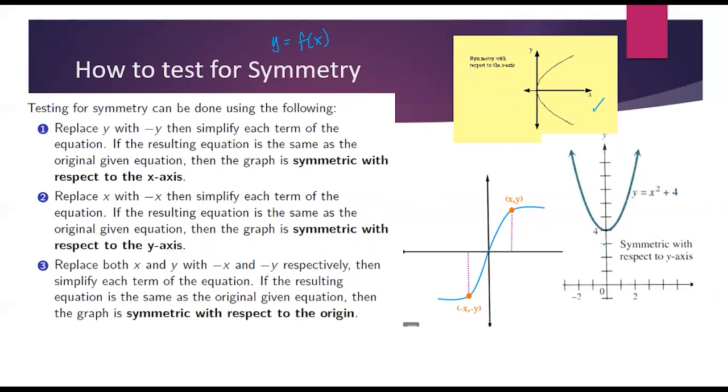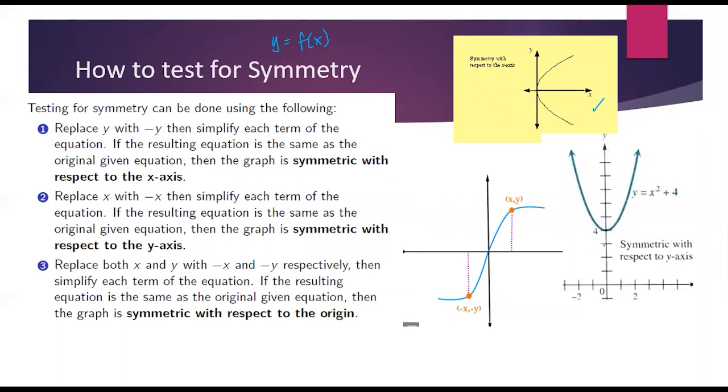An example here is this one. If we have a graph that is symmetric with respect to the y-axis, as you can see here, the y-axis divides the curve into two equal figures.